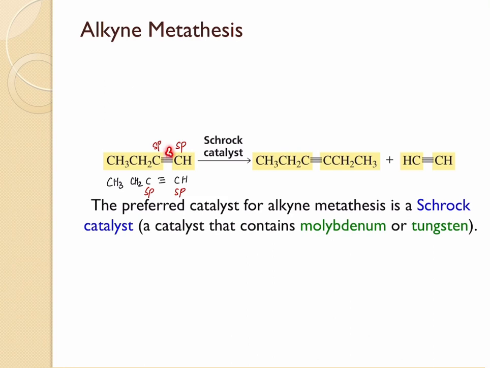We have to break this triple bond, and we are going to create these new triple bonds. And that's how we get these two compounds. If you take a look at this, 1, 2, 3, 4, 5, 6 carbons. Yes, this molecule has 6 carbons.